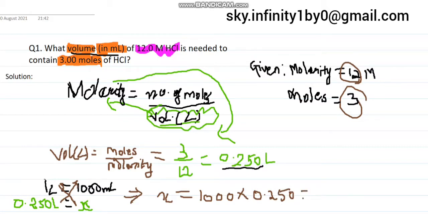And for the final answer, we shift the decimal places. Now here there are 3 zeros. So if we shift this decimal by multiplying it by 1000, it moves 3 places.